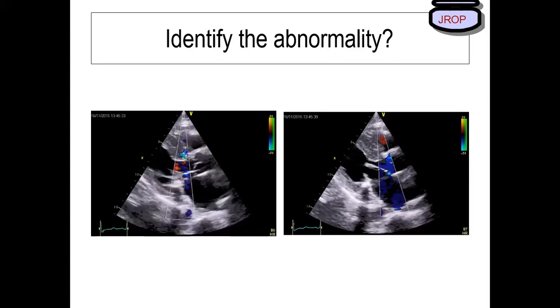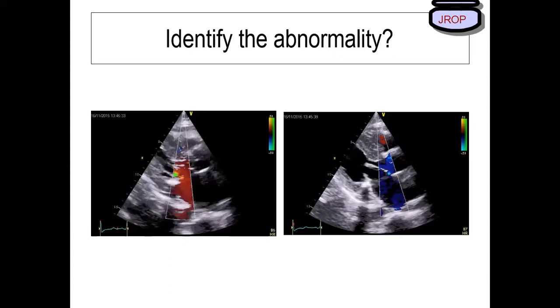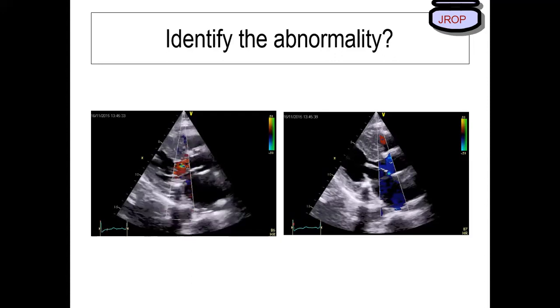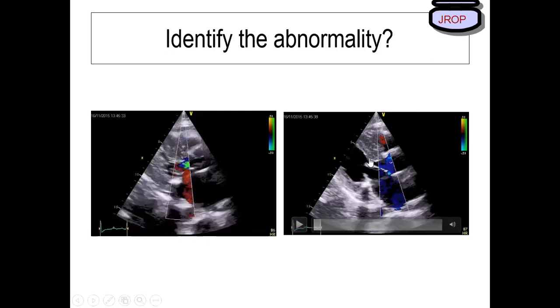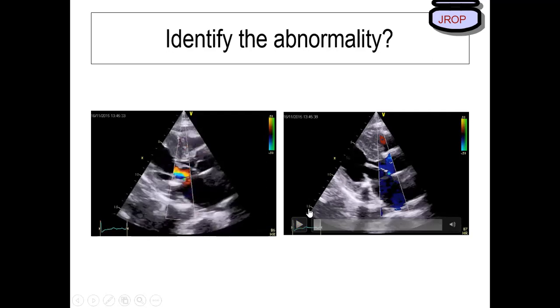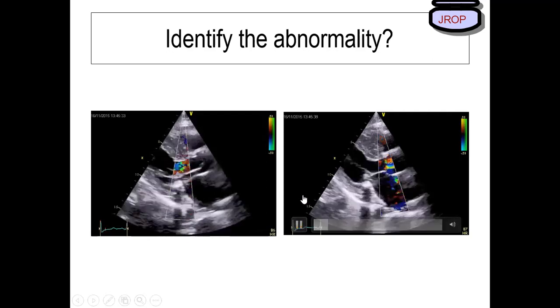Along with that, in the second slide, the anterior mitral leaflet is coming near the IVS, suggestive of systolic anterior motion.